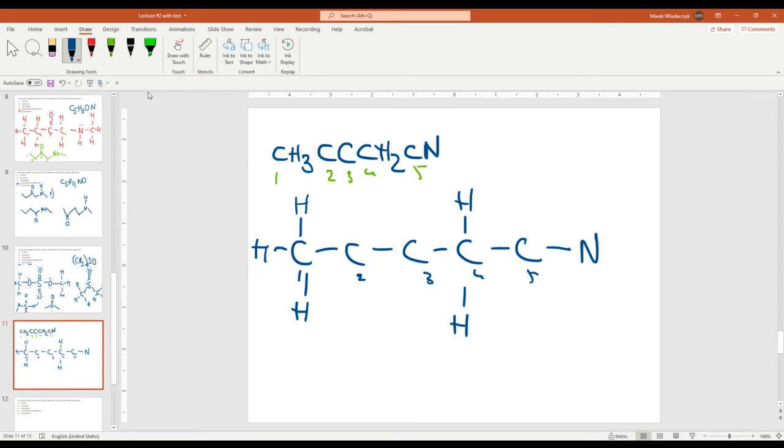Carbon number 2 has 2 additional valence electrons, carbon number 3, 2 electrons, carbon number 5, again 2 additional electrons. Nitrogen has 4 extra electrons, because 1 is being used to form the bond. So all you have to do is combine them together. Yes, that's true, it has 4, but in this case we already drew the bonds between the carbons, so those take 2 electrons from carbons 2, 3, 4, and 5.